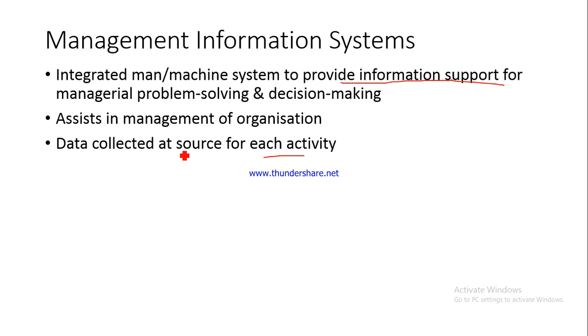So all that information I can cull out from the data that I have collected at source when the student actually came to seek admission. So there and then I collected all this data, and then I'm processing this data at a later date depending on what my requirements are. This is fine. So data will be collected at the source for each activity.